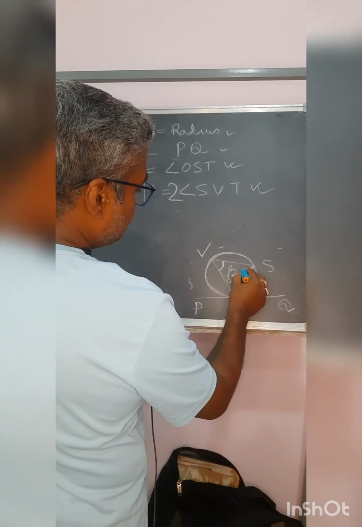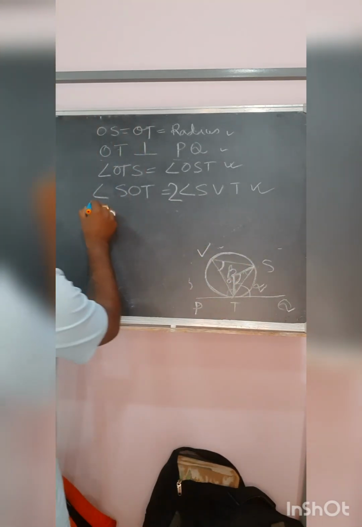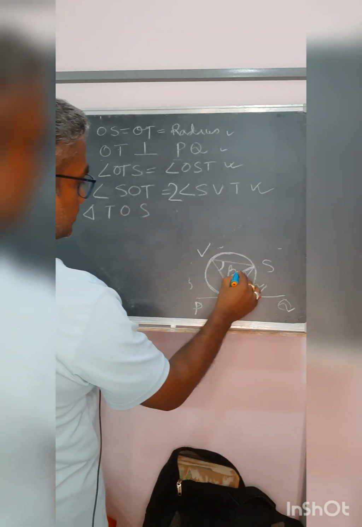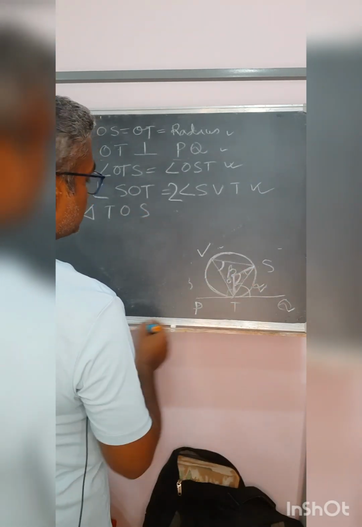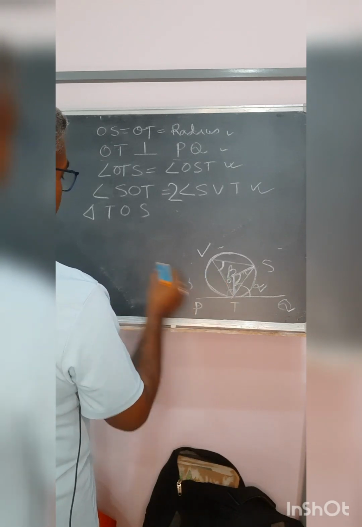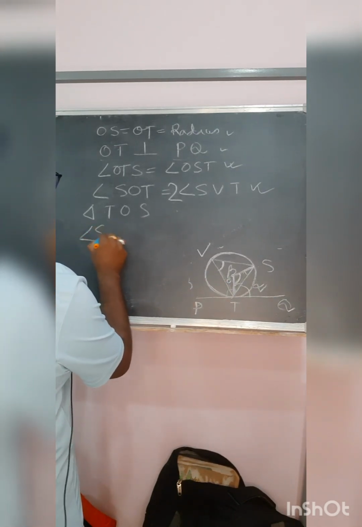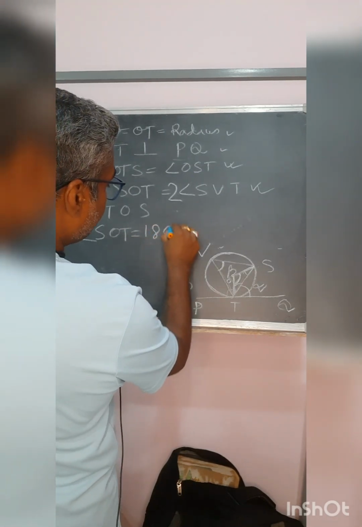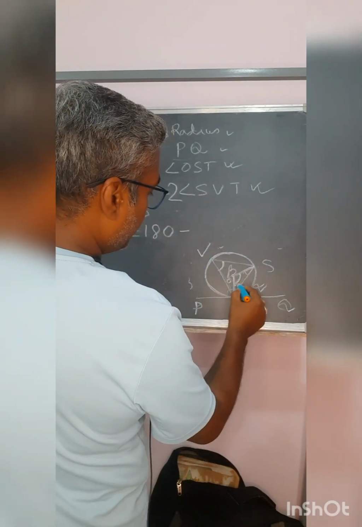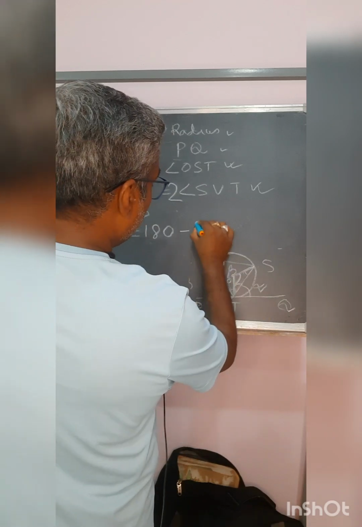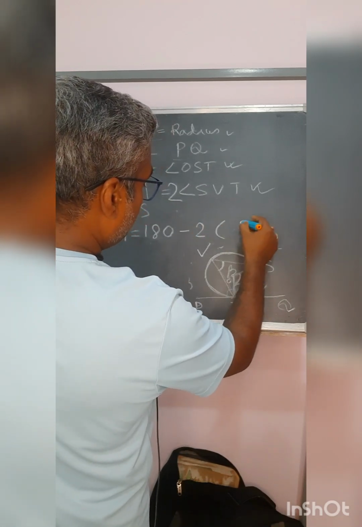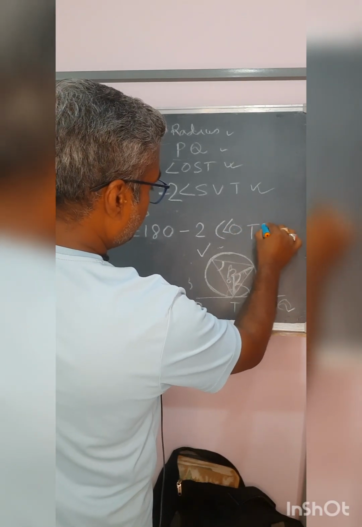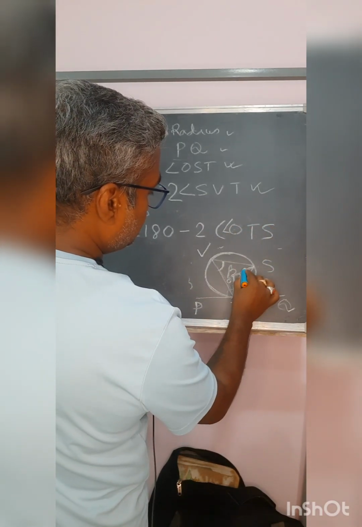So, if I concentrate on triangle TOS, the sum of the three angles is 180 degrees. So angle SOT is nothing but 180 minus twice angle OTS, because the base angles are the same.